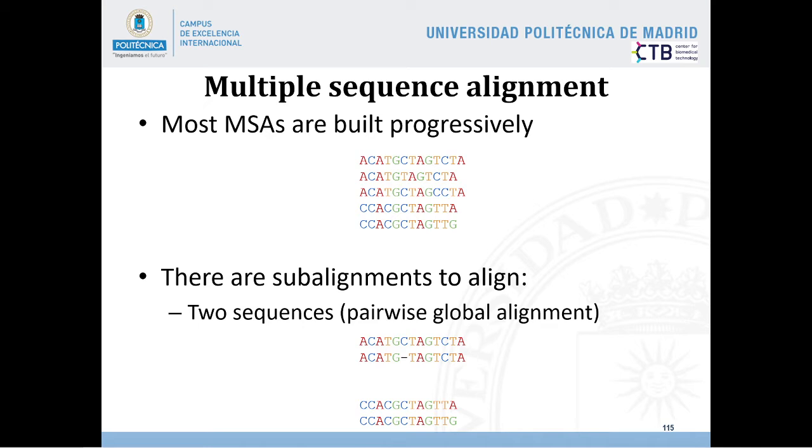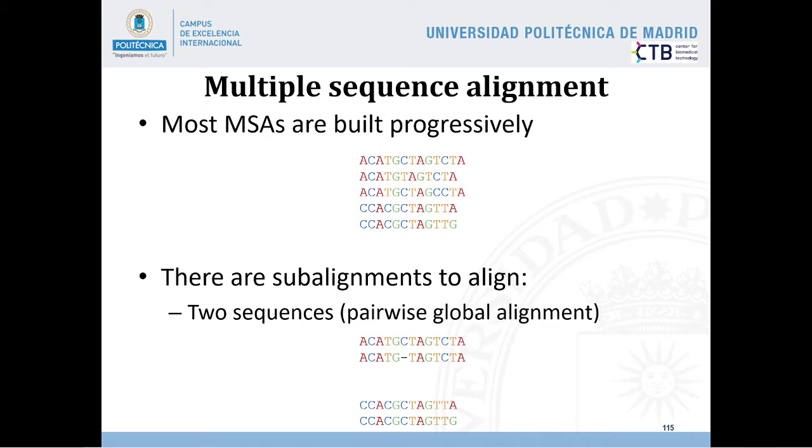So the idea when we build a progressive alignment is to first build the pairwise alignment of the more closely related sequences. That is going to be easier for us to build. So we first see which sequences are more similar, and we align those.